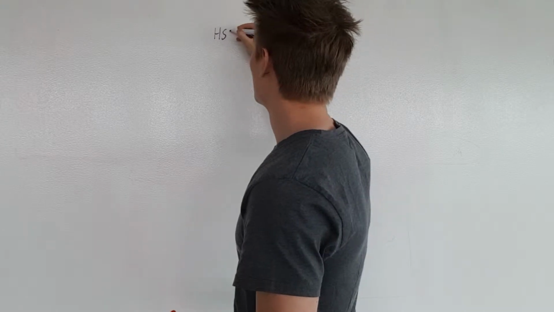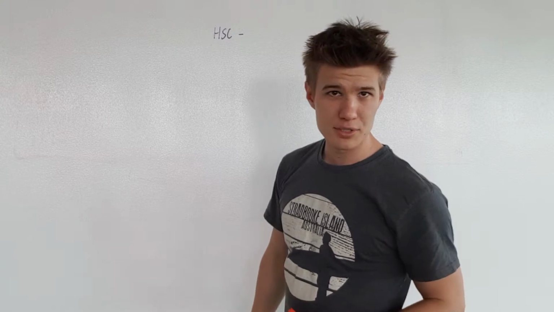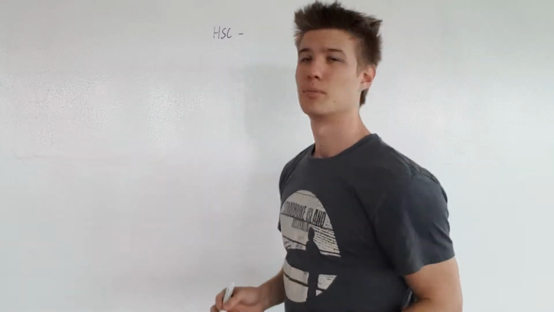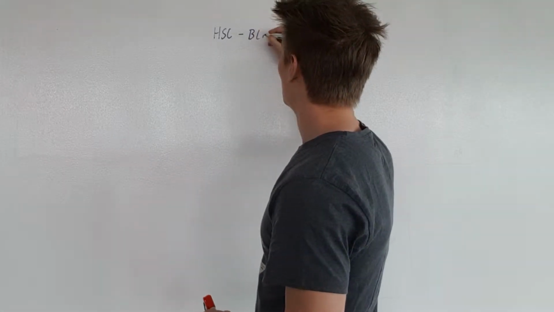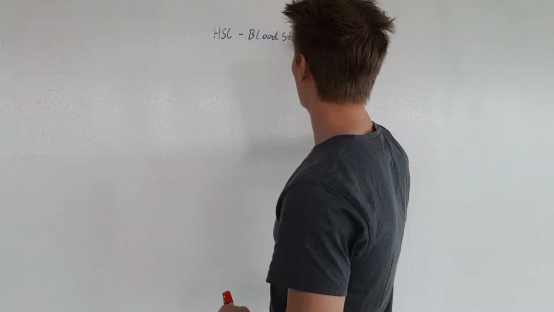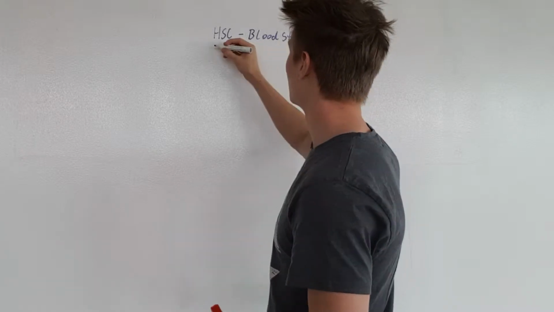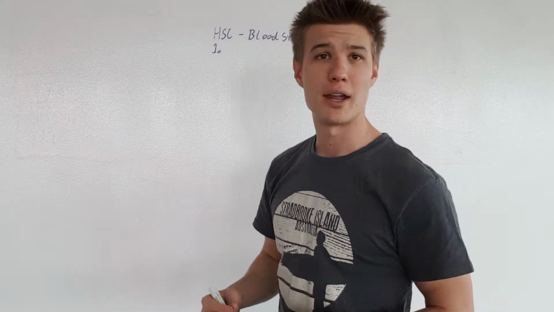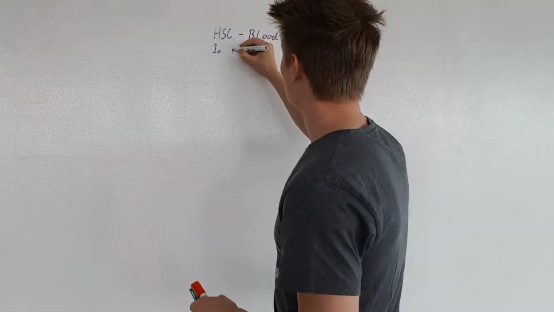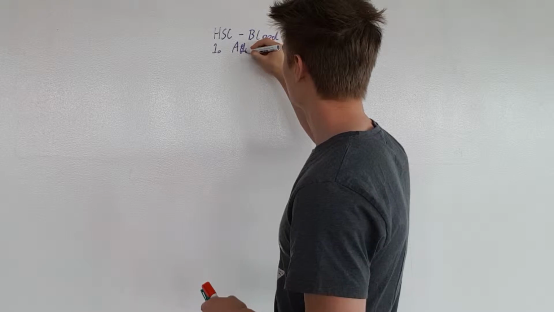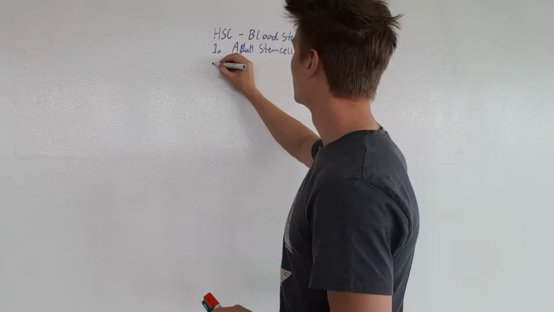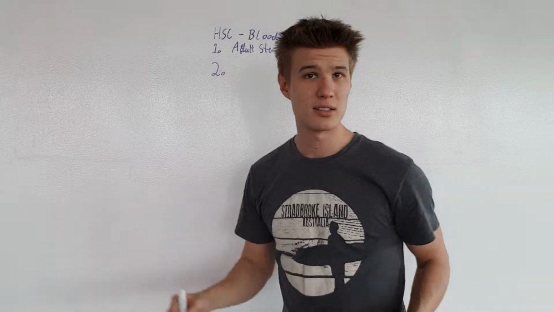So, an HSC. For those who don't remember, hematopoietic stem cell is the primary stem cell for the blood. Now, here are the characteristics of the hematopoietic stem cell. First one is it's an adult stem cell, so it exists in adult beings.